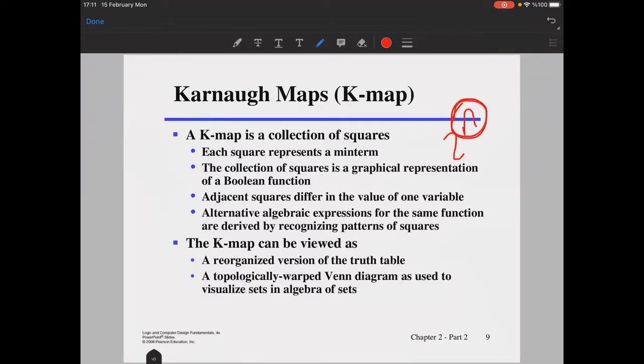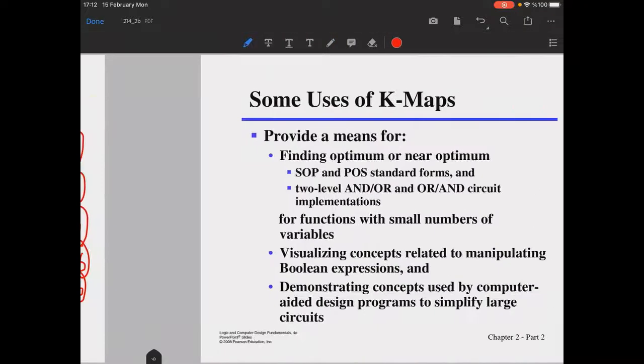If you have n variables, you will have some combining of squares with sizes of 1, 2, 4, 8, 16, and so on. It can also be viewed as a reorganized version of the truth table, and a topologically warped Venn diagram is used to visualize the algebra of sets. That's also possible.